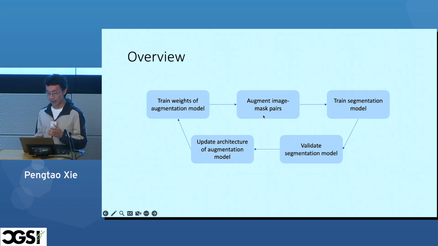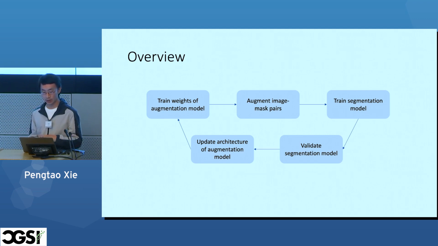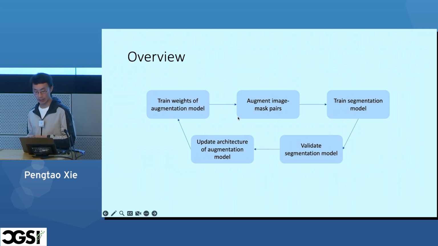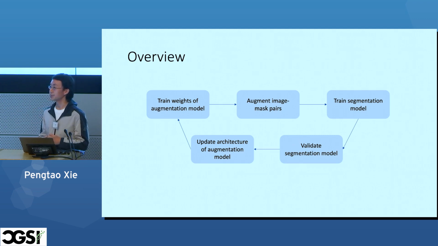So if the augmented data is bad, then you use it to train a model, the performance of the model is going to be bad. So we can basically leverage the validation performance of the segmentation model to tell us how can we improve the augmentation model to generate better augmented images. So in the last step, we basically update the architecture of the augmentation model to minimize the validation loss of the segmentation model.